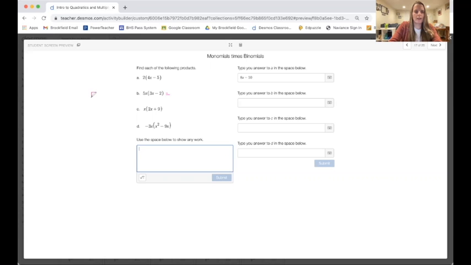So I'm going to do 5x times 3x. So 5 times 3, 15, x times x, x squared. So it's going to be 15x squared, and then 5x times negative 2 is negative 10x, so minus 10x.